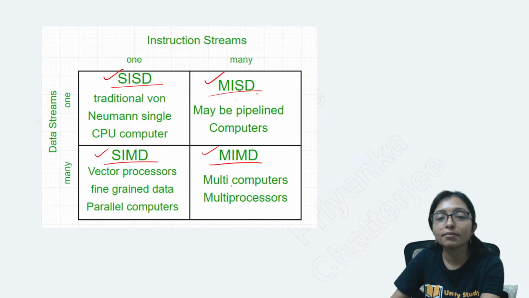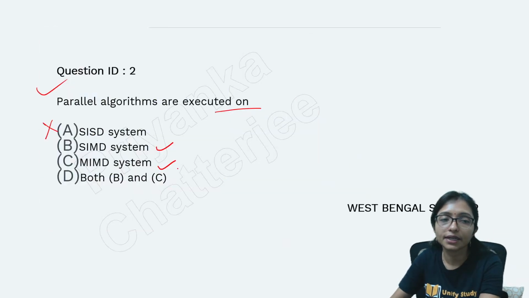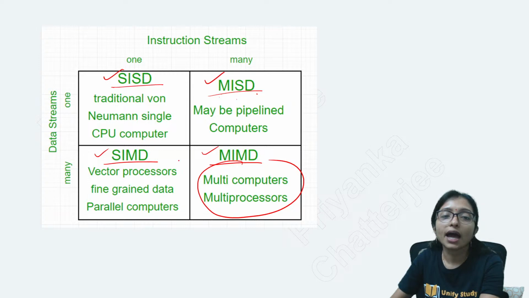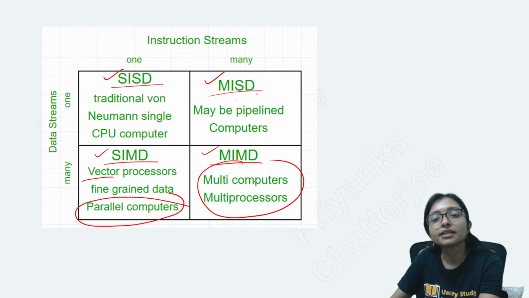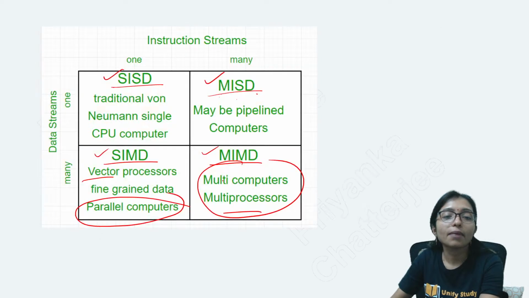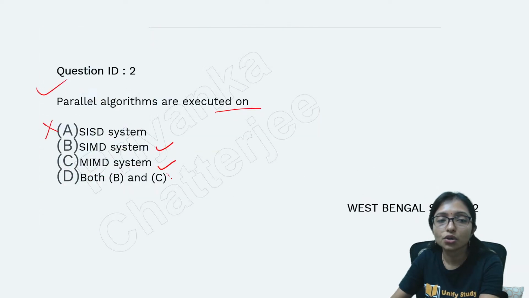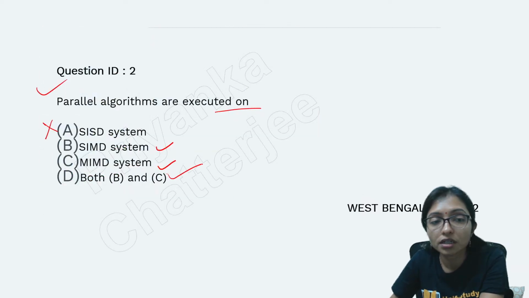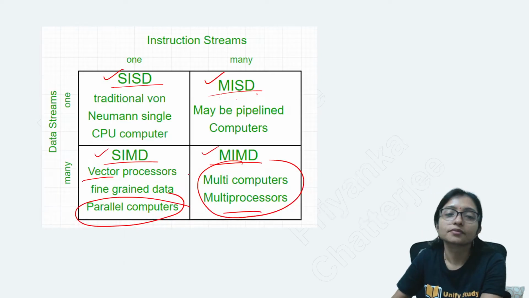MIMD is multiple instruction, multiple data, and SIMD is single instruction, multiple data. Here this is also a parallel computer and this also requires parallel computers. So MIMD has multiple computers and multiple processors, that's why this is also parallel.